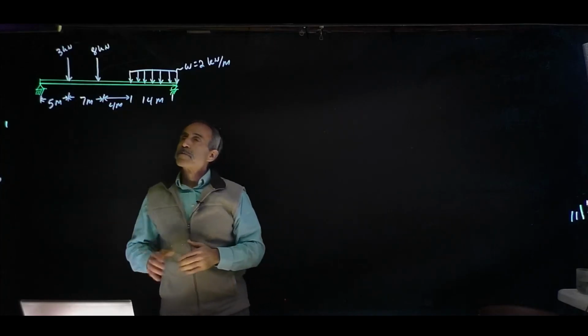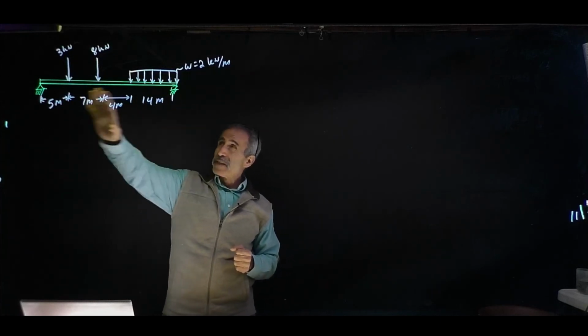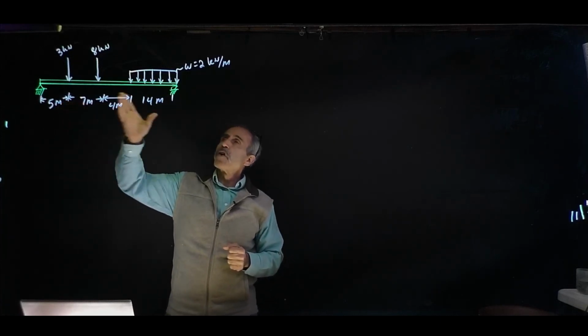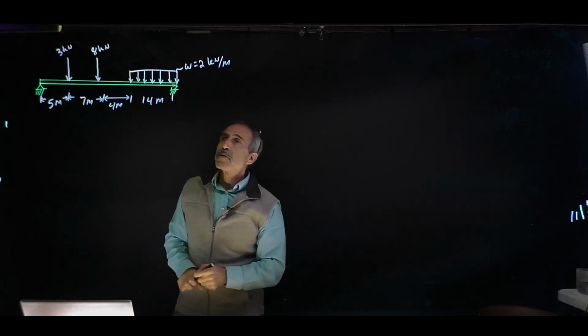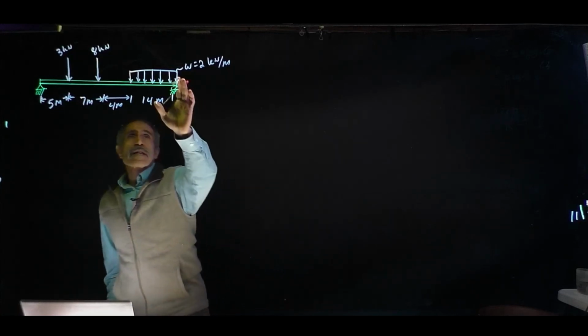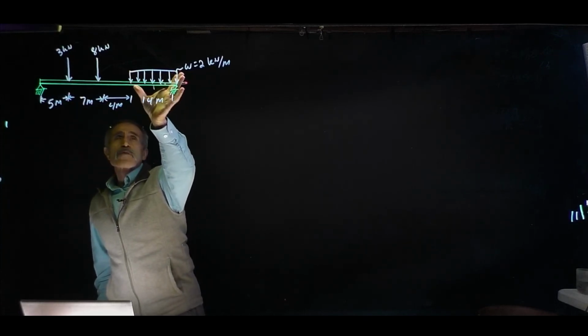Okay, in this problem, we want to find out what the resulting force of these combined is, and also where it is located. So what I'm going to do first is take this whole thing here and replace it with one resultant force.